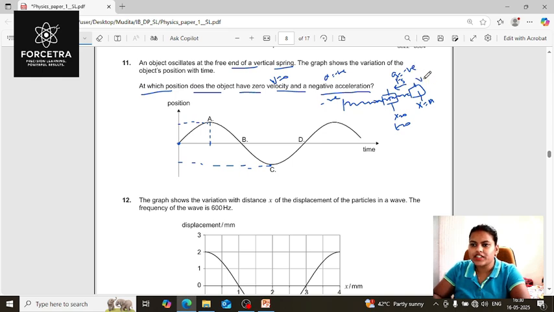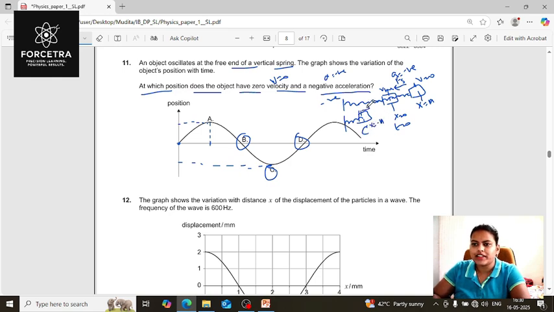And the velocity at this point is 0, because at this point it stops for a second, and after this the velocity starts growing, and at x is equal to 0 velocity is maximum. So at B and D velocity is maximum but not 0. At point C, which is the compressed state of the spring, x is equal to minus a.